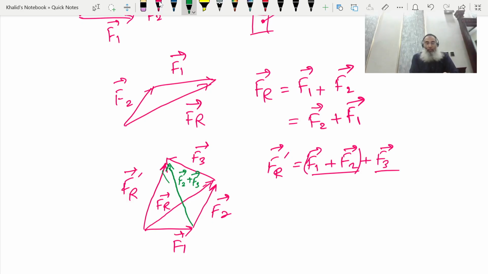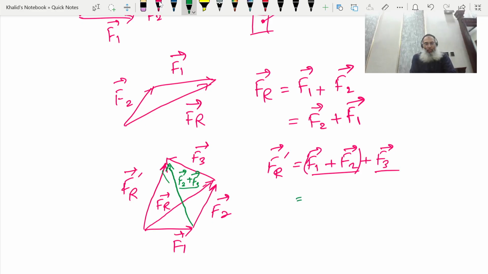Now look, if you see carefully, this is F1, this is F2 plus F3, and the resultant starts from the tail of the first force and goes up to the head of the last, the resultant of these forces, this green vector.